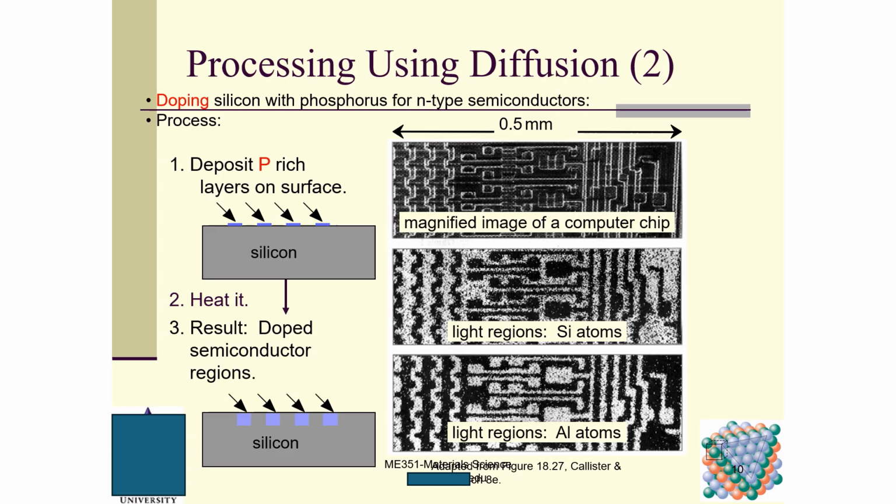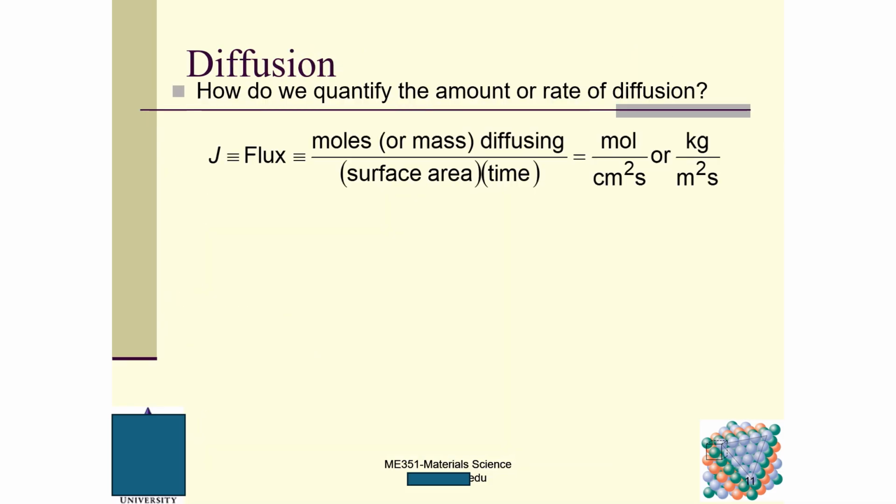I just want to tell you how we use diffusion to accomplish some engineering goals. Any questions so far? No question. And then we move on to the next one.